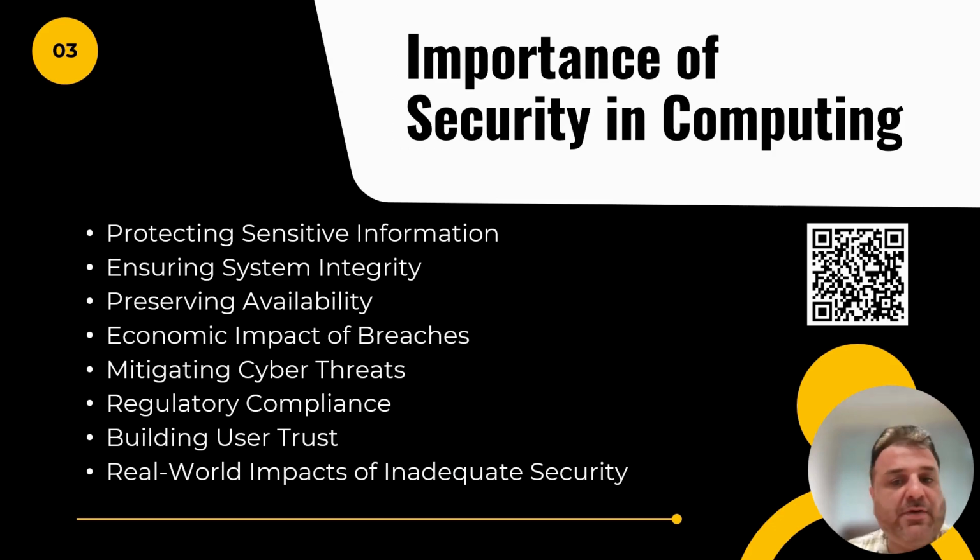So let's talk about the importance of security in computing. The first thing is protecting sensitive information from unauthorized use. This is our first goal here. Security in computing helps us ensure that sensitive data such as personal information, financial records, and trade secrets is safeguarded from unauthorized access or disclosure.